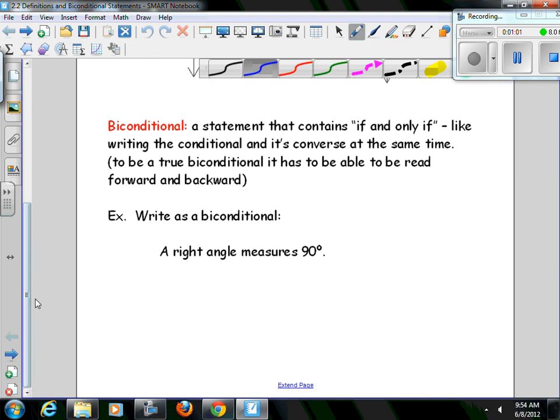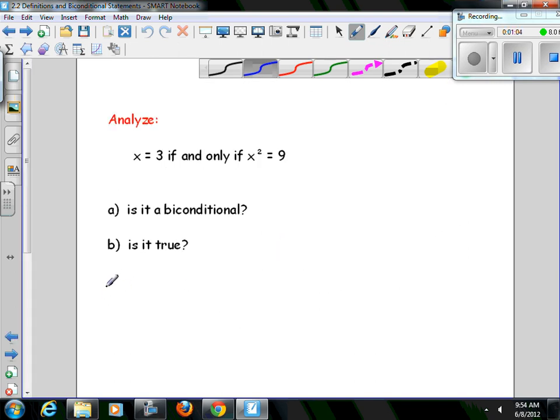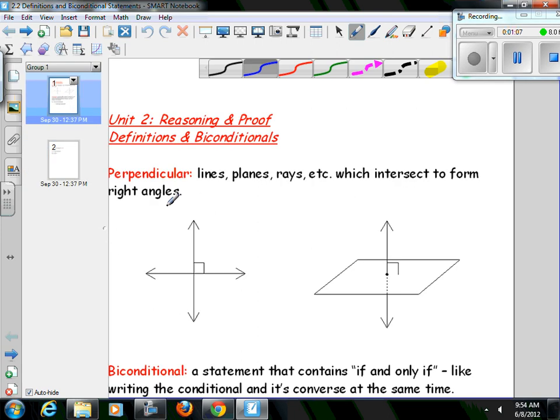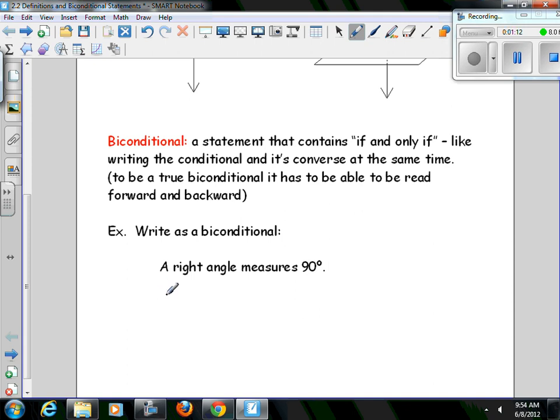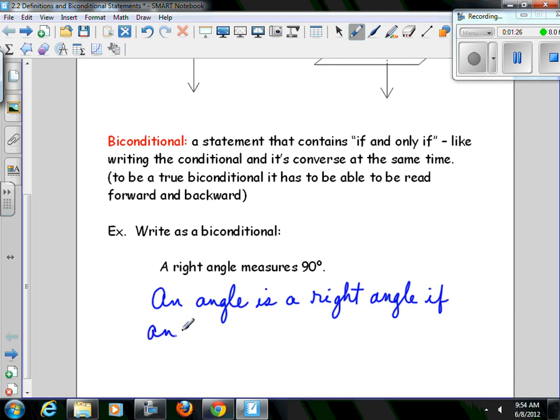The way we would write this as a biconditional is we would say, an angle is a right angle if and only if it measures 90 degrees. And we want to make sure that can be read forward and backwards.